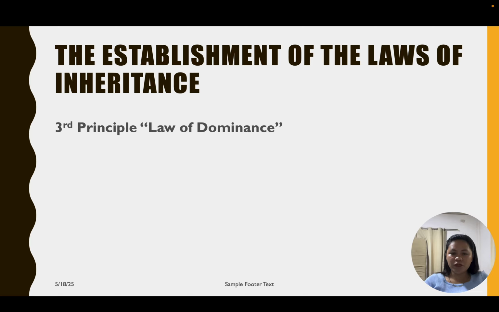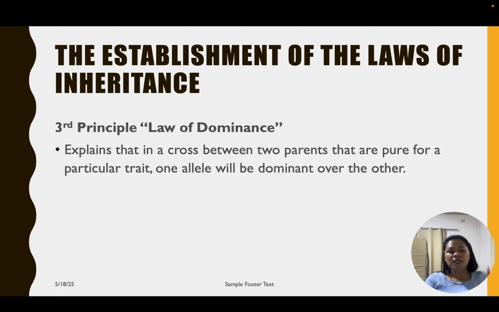Establishment of the laws of inheritance. This is the third law or the third principle, which is the law of dominance. It explains that in a cross between two parents that are pure for a particular trait, one allele will be dominant over the other. Kumbaga, walang the same, maliban na lang sa other animals or other plants that produce more than one offspring.